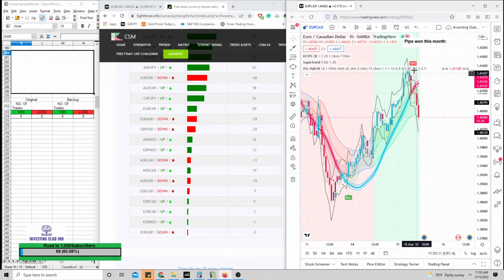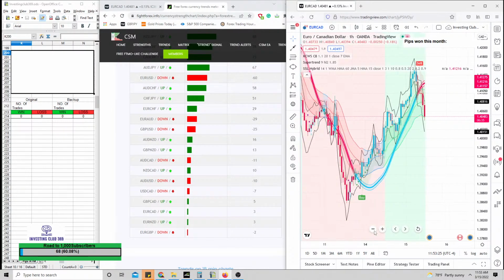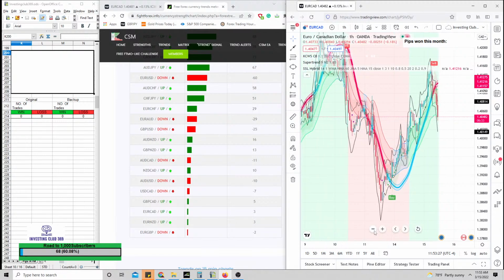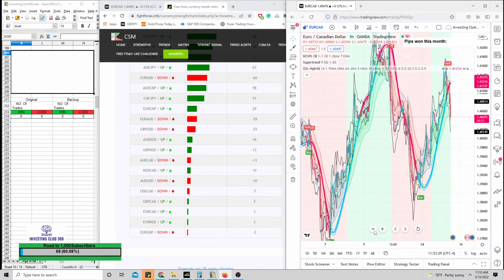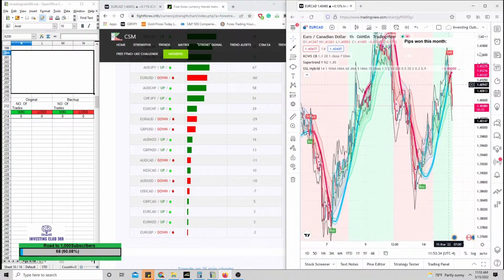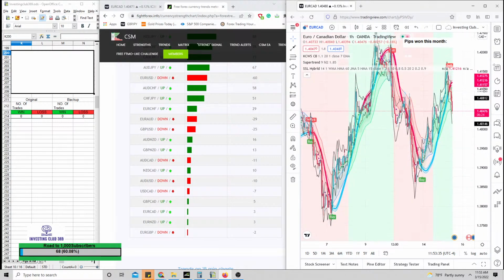But as you can see, it's starting on the 1 hour to do a down swing. And if we zoom out, we can see the beautiful move that the Euro CAD has been doing. That's a lot of good pips.